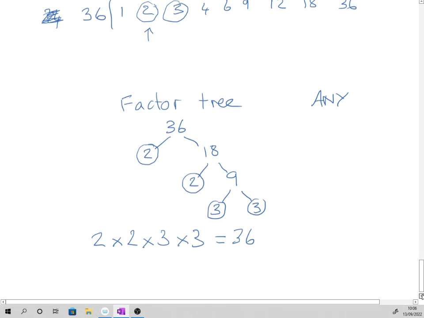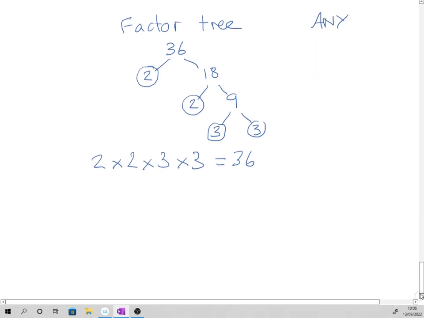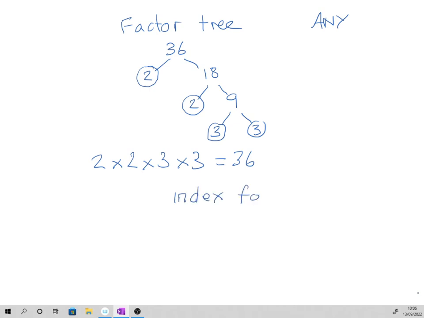Now, you'll get this sort of question and they will ask you to write this in index form. What index form is like, remember we had 3 squared and 12 cubed. You know, that's index form when you've got a little square and a little cube. So if we look at these numbers here, we've got 2 lots of 2.